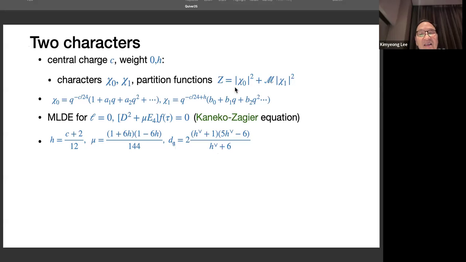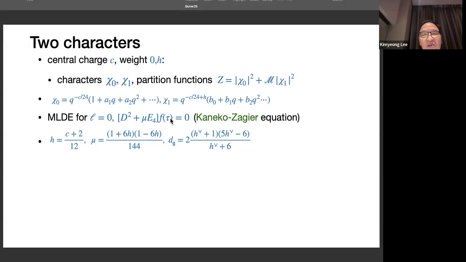These characters can be expanded: the vacuum character, because the conformal weight is 0, starts with q to the minus c over 24 with non-negative integer coefficients in the q series, and chi1 is given in a similar way. But the vacuum character starts with 1 because there is a unique vacuum, and the other character starts with an arbitrary non-negative integer, which indicates the dimension of these characters. And especially when the coefficient has no poles, there is only one weight 4 modular form, which is E4.